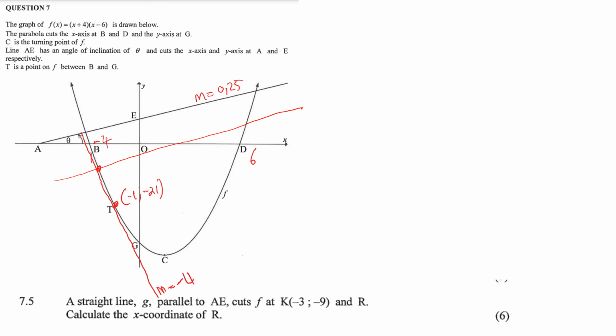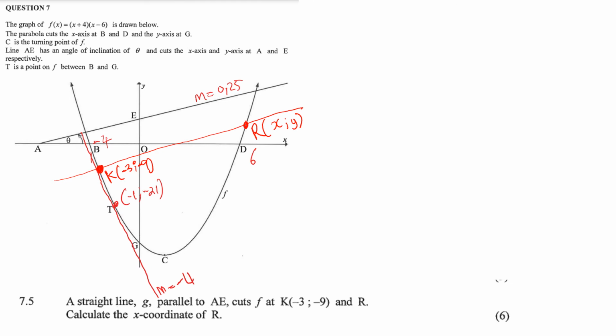On the negative side here, let's assume that is our K, which is -3 and -9. It also cuts F at R. Now they want us to calculate the x coordinate of R.